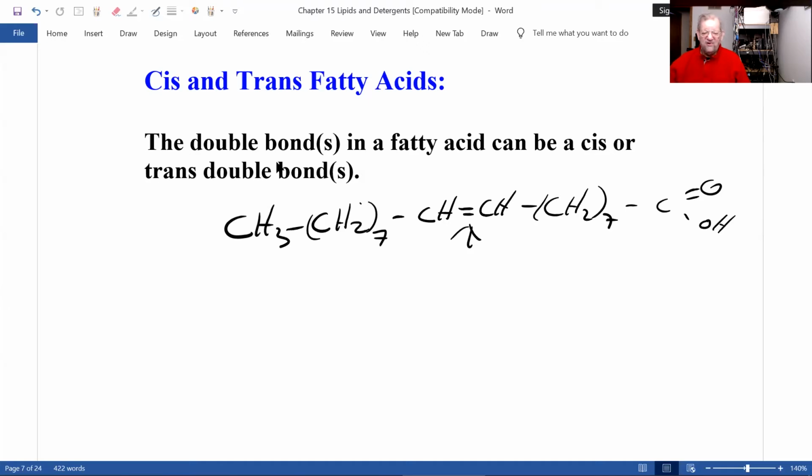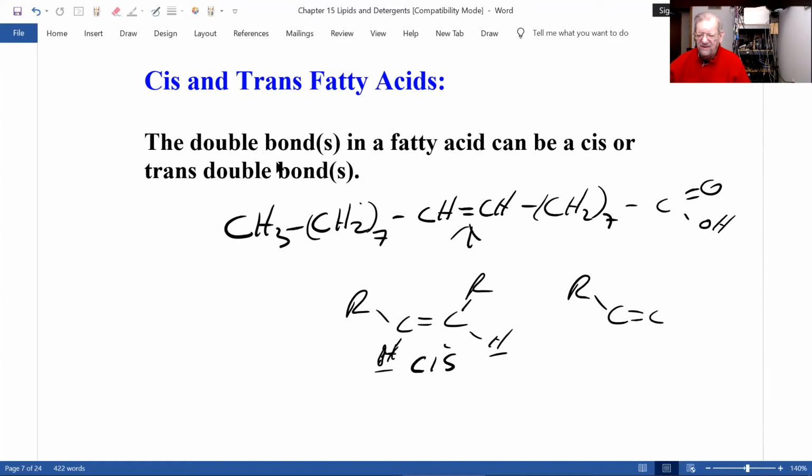And remember, I taught you long ago, you can have a cis double bond when the hydrogens are on the same side of the plane of the double bond, or you can have a trans double bond.